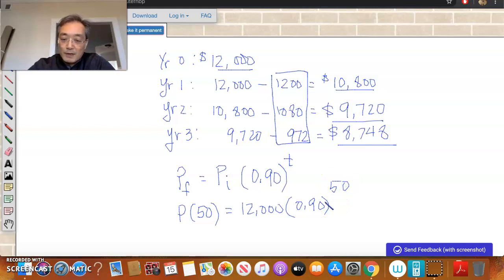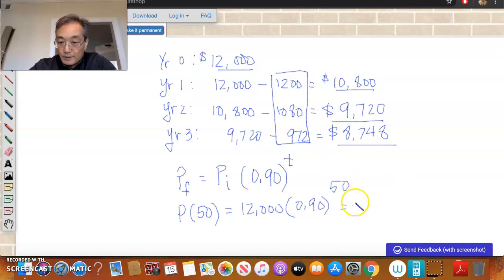Okay, and let's figure out what this comes out to. So if we do 0.9, we're going to raise that to the 50th power, and we're going to multiply that by 12,000. And that gives us $61.84.